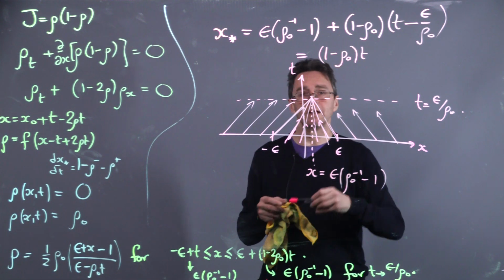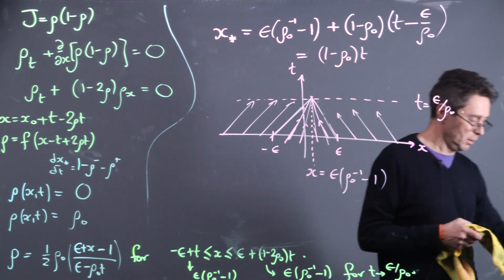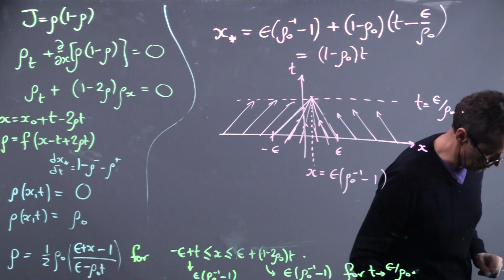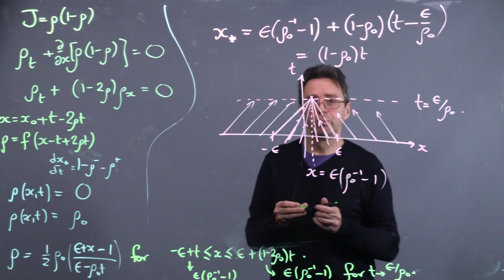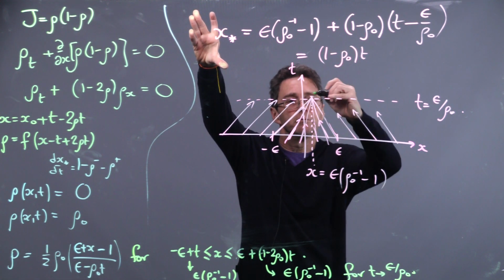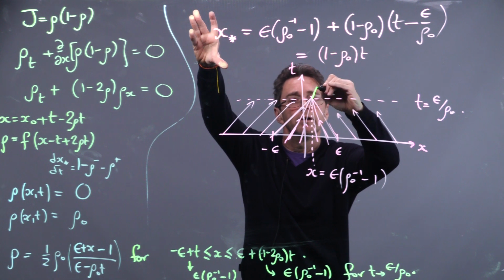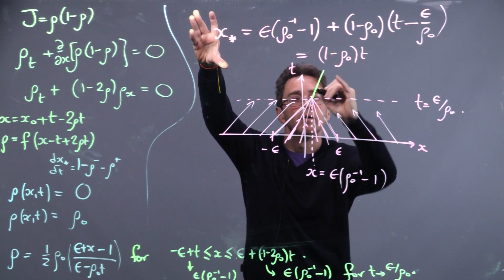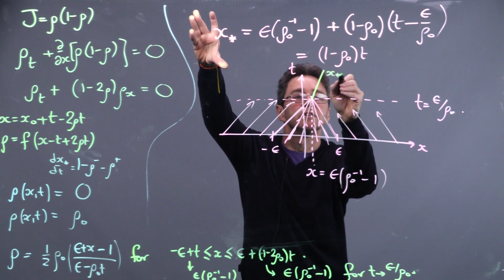At that point, we get the development of a shock, and I can put its path on, which is this. It's some straight line that looks like that. So this is x star of t.